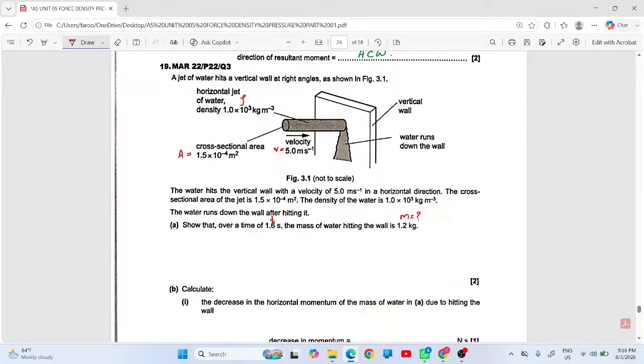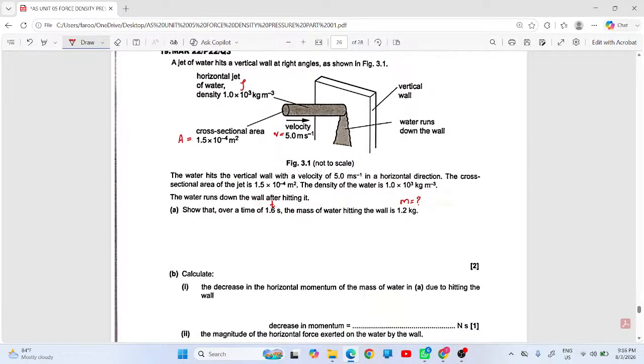Half mv squared is given. फिर इसके बाद no, we have to just apply density, because density and mass, we have to find mass. The density is given, so मैं लगाता हूँ density equals mass over volume, or next is mass equals density into volume.